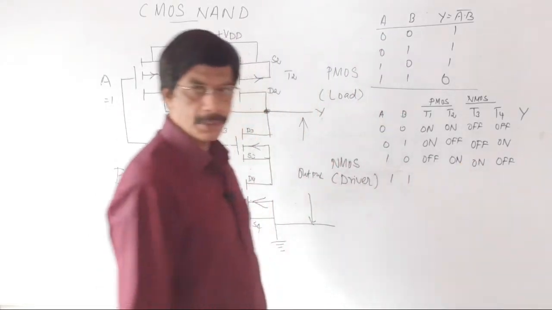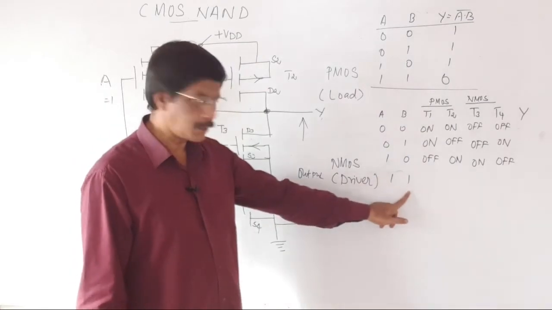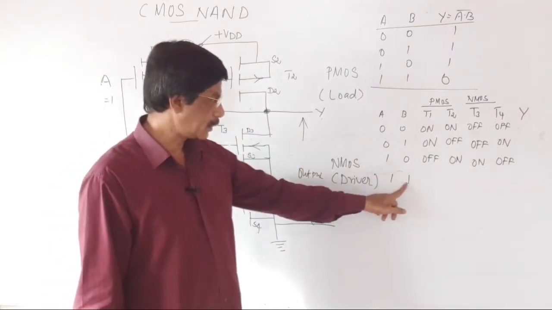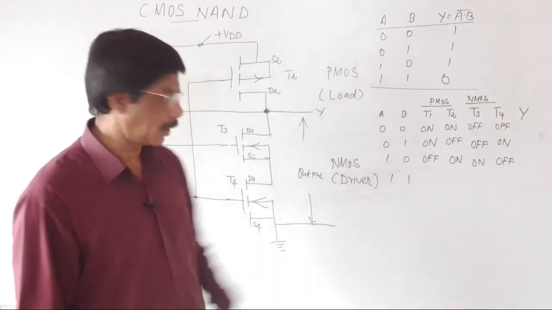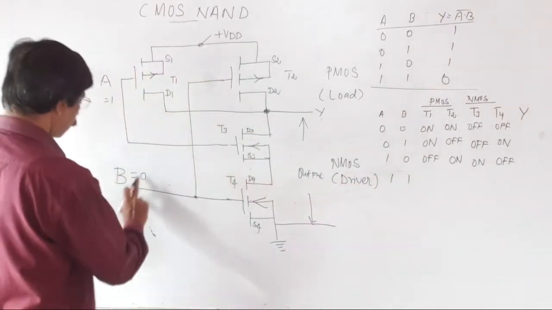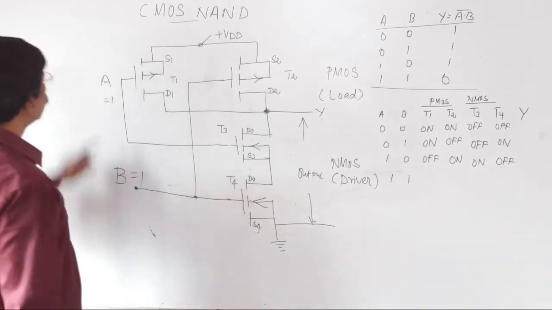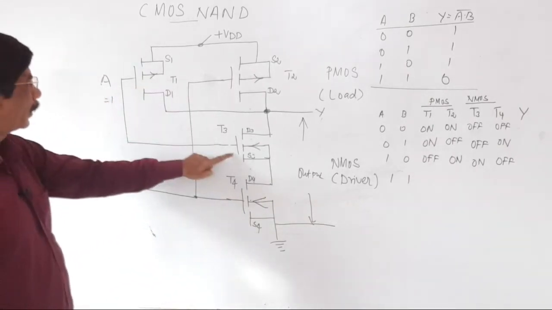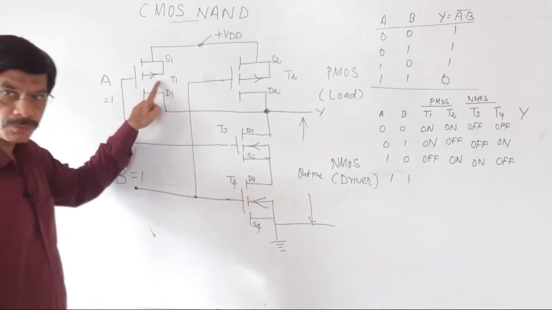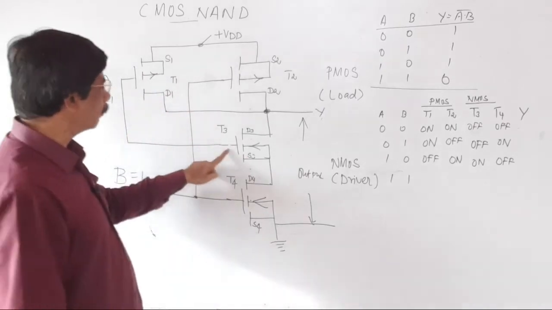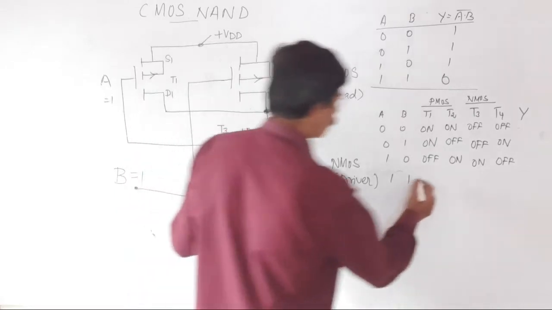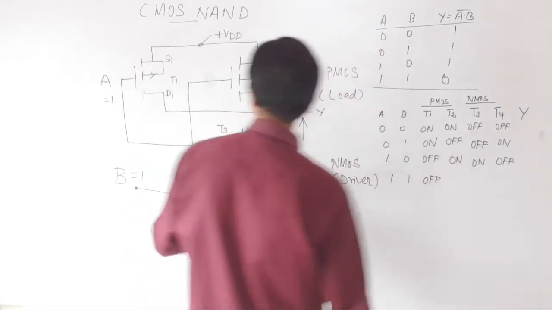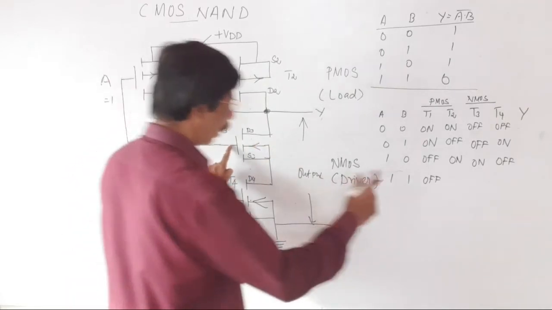The last case: A is equal to 1, B is equal to 1. A 1 means the PMOS is off, and a 1 means the NMOS is definitely switched on. This A equal to 1 is connected to T1 and also T3. T1 became off and T3, the NMOS, became on.